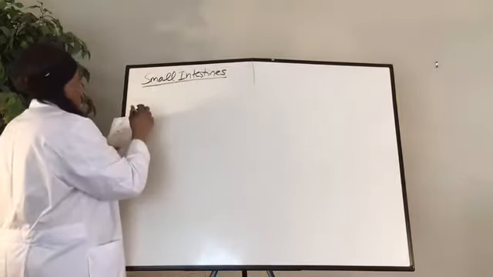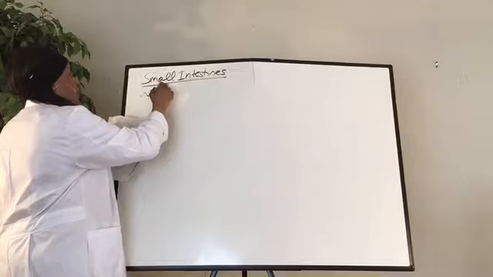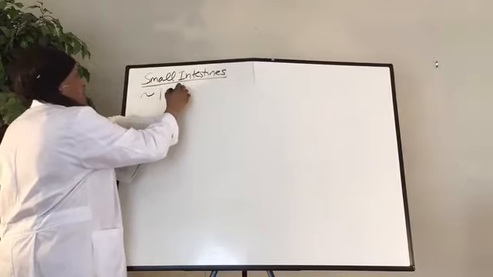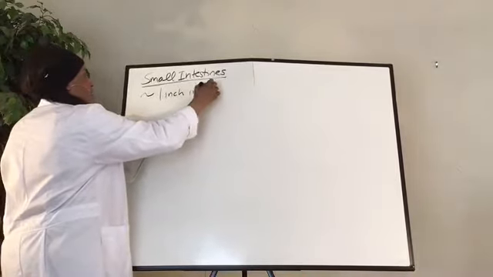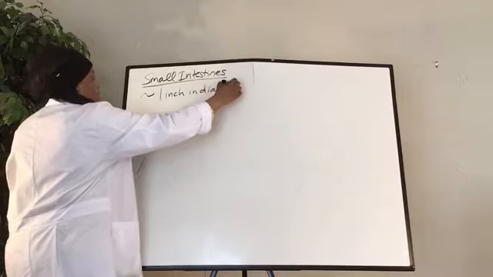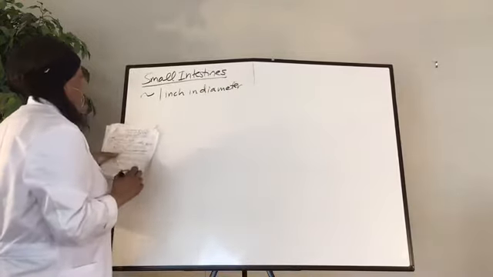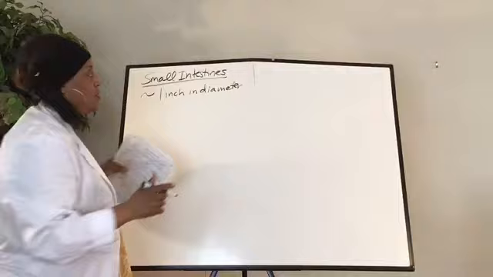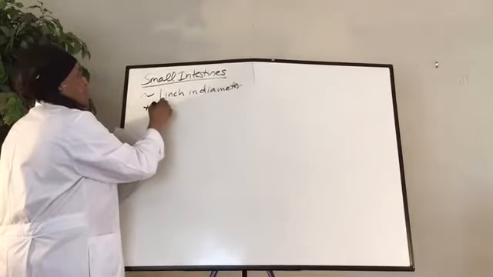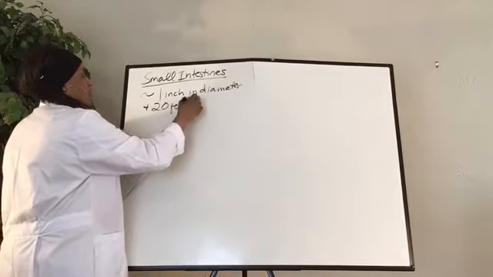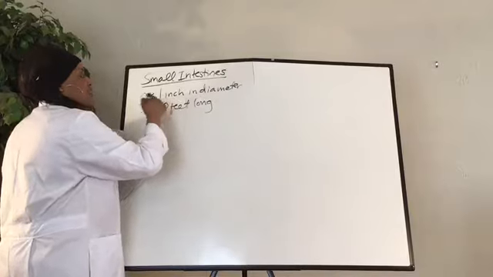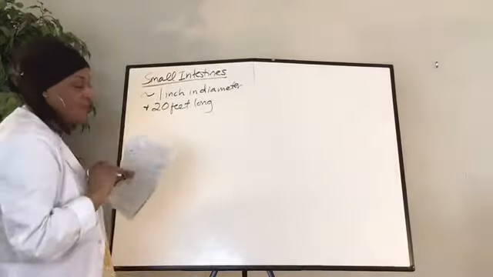Right? All right. So it is about 1 inch in diameter. That's the size of the small intestine. But it's very long. It's about 20 feet long. It's called small just because it's just about 1 inch.